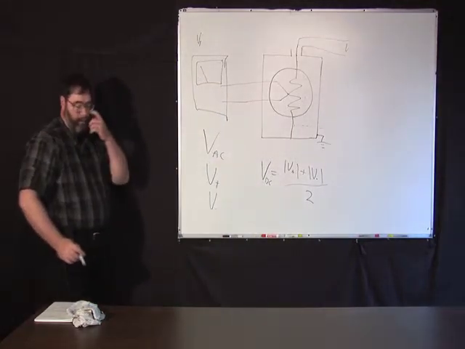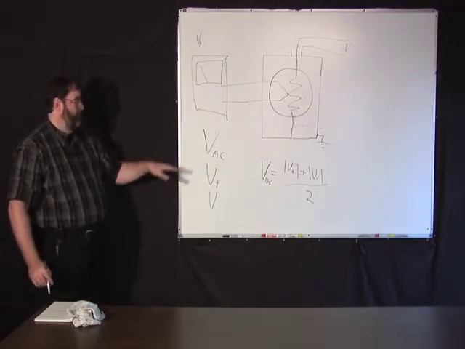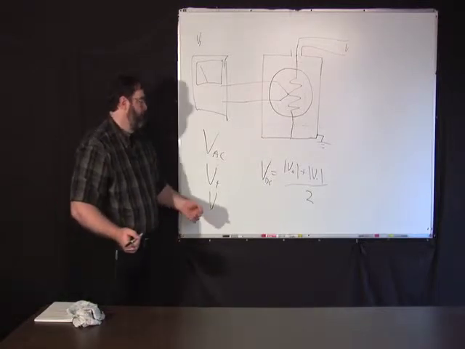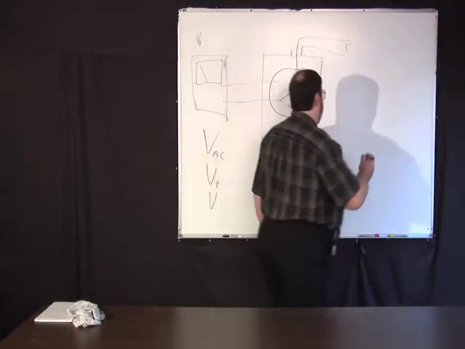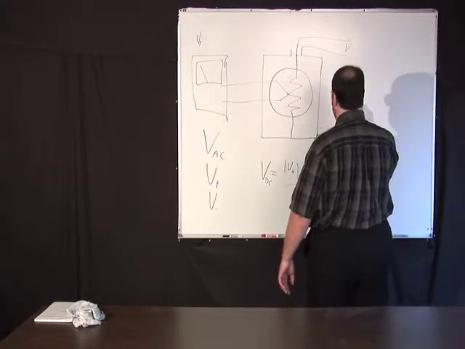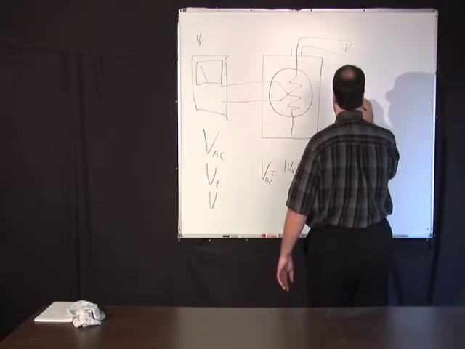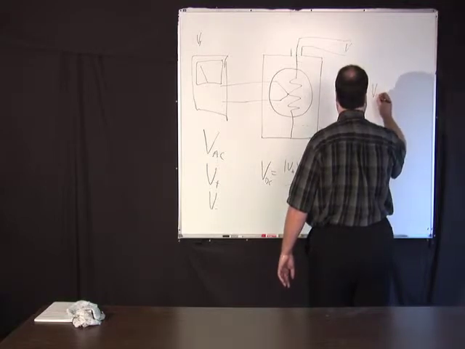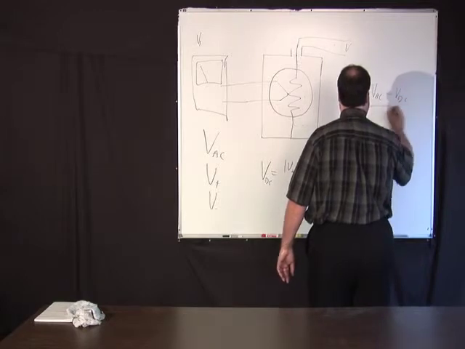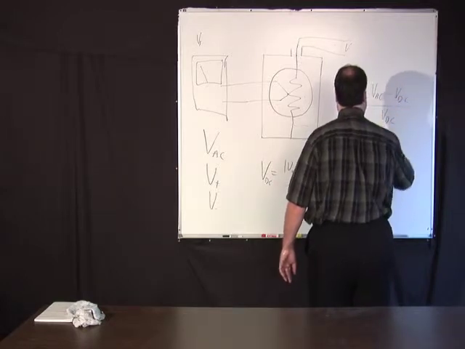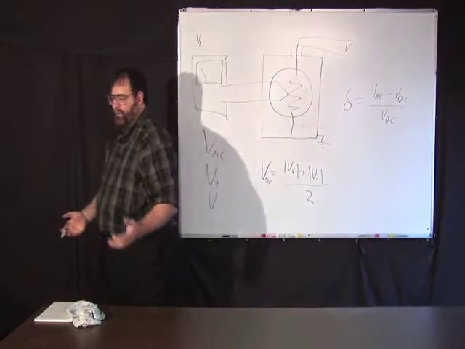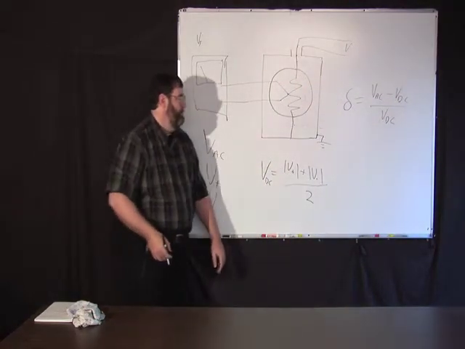Okay. So there's going to be a difference between these voltages if you knew what they were. And that would be VAC minus VDC over VDC, which could either be called the AC-DC difference or the RF-DC difference.